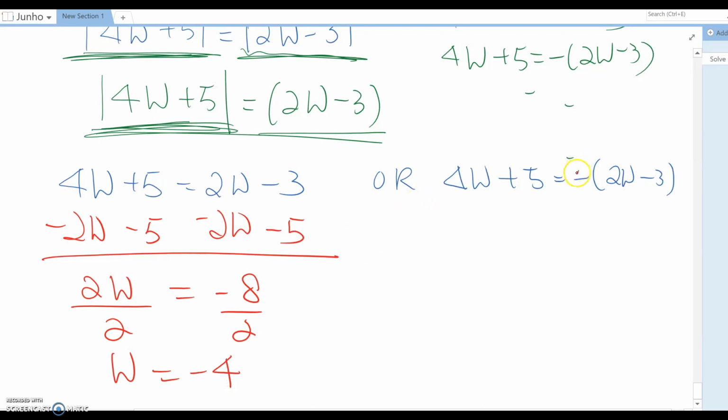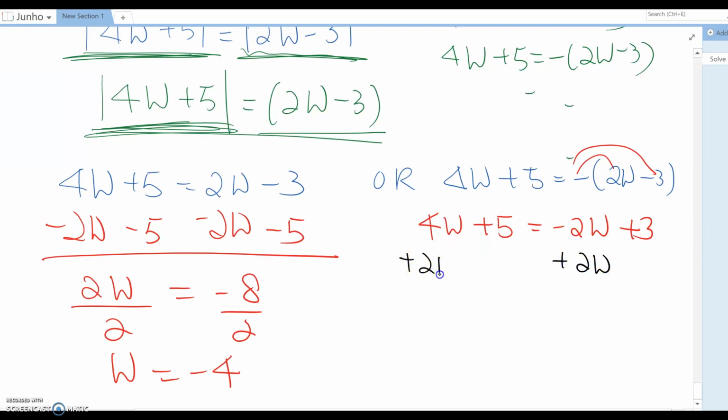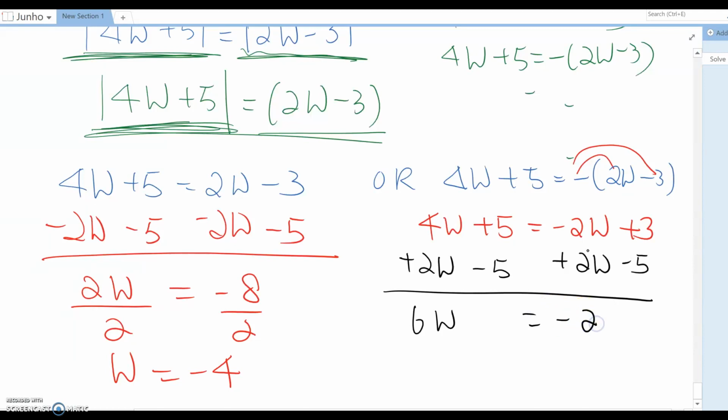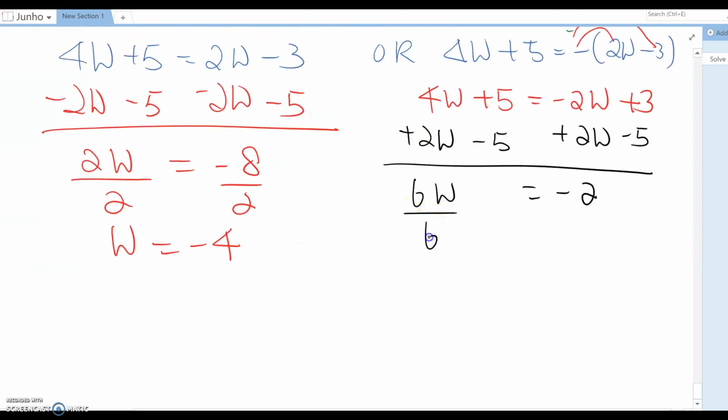Or from here, you distribute, so 4w + 5 = -2w + 3, and add 2w and at the same time subtract 5. So it becomes 6w = -2, and you divide by 6, then w becomes -1/3.